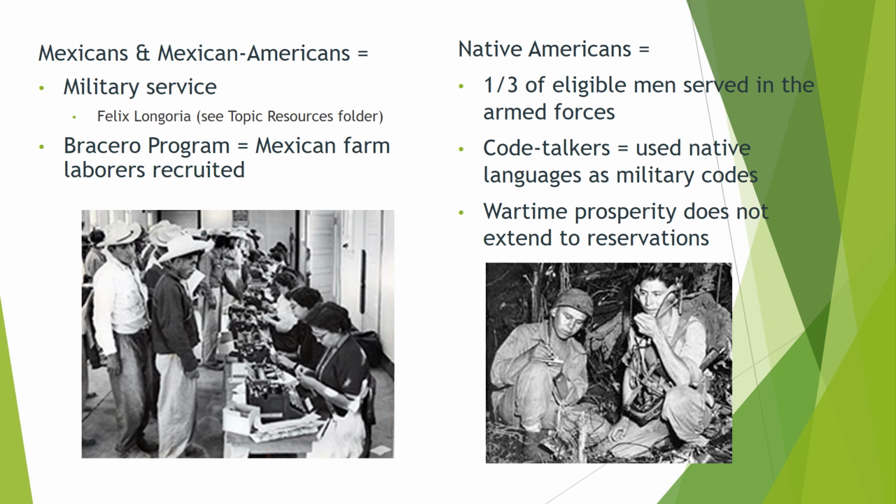So the United States and Mexico came to an agreement called the Bracero Program, where Mexican farm workers could come into the U.S. on a seasonal basis to help with the farming. So whether it was planting or harvest, these workers would come into the United States for a specified period of time. And then once they went back to Mexico, they were allowed to purchase certain bits of farm equipment on credit.